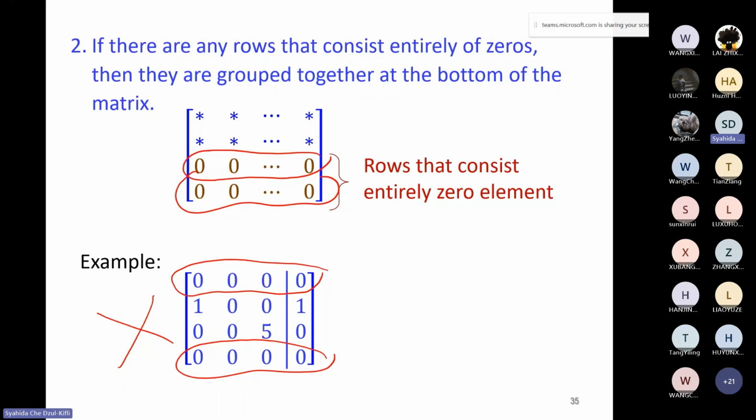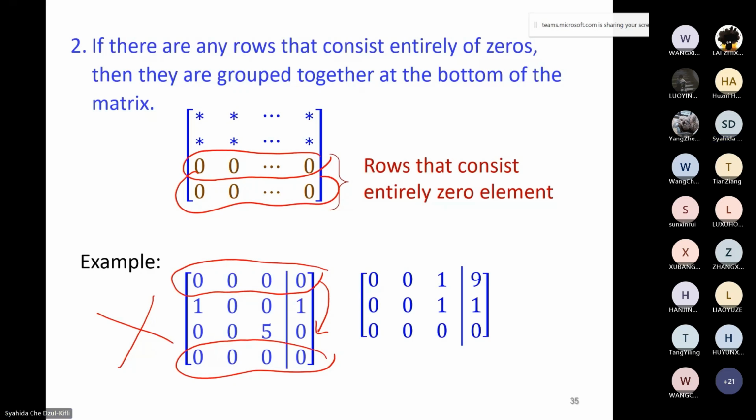They must be at the bottom. However, in this example, the last row is the row that consists entirely of zeros. So this matrix satisfies property 2. I think that's quite straightforward.